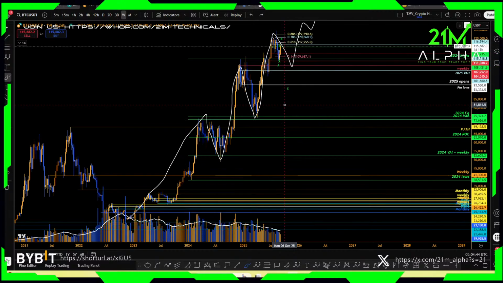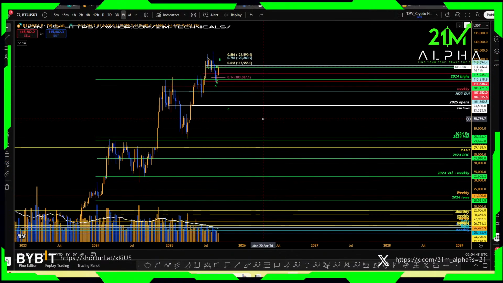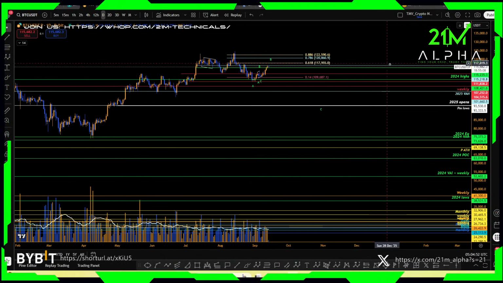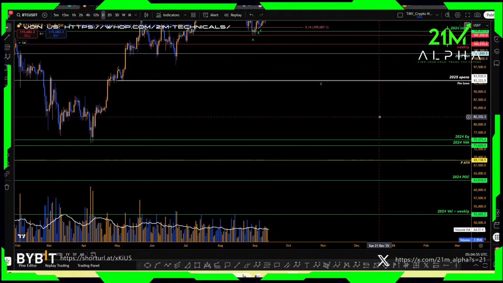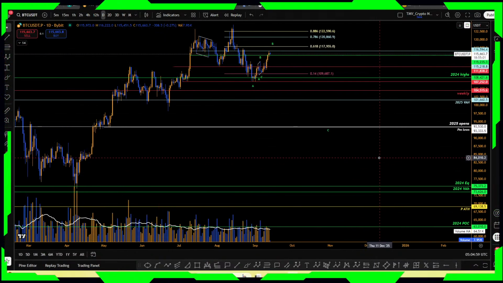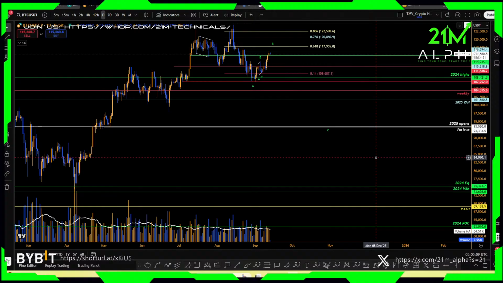If it pumps from here to 150k, 180k, even 200k, that would literally invalidate my bullish cipher and make it more like a blow off top, finishing the complete cycle. But then that would also be very bullish, because that would literally open the doors for a 500,000 to $1 million target for BTC if we really go there.